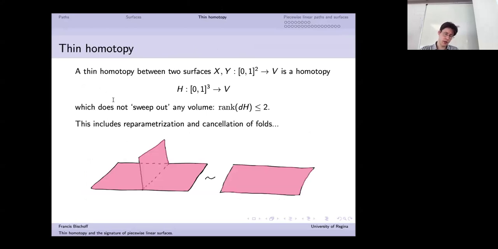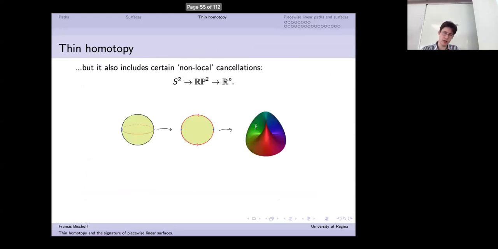For thin homotopy of surfaces, you have the same thing: reparameterizations, which are thin, and cancellation now of folds. That's like the one-dimension-up version of the cancellation of retracing. If I have a surface with a fold like this, you can just remove the fold. But you also get something more non-local.